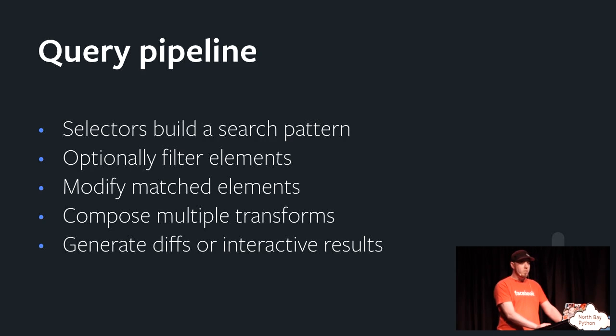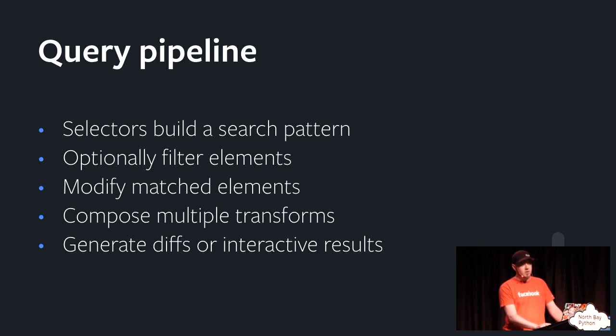So the way you do refactoring in Bowler is by building a query pipeline. Bowler provides a number of selectors to generate grammar patterns to search for. It has a concept of filter functions to restrict matches to more specific conditions. And then the use of modifier functions allow you to actually make changes to the syntax tree.